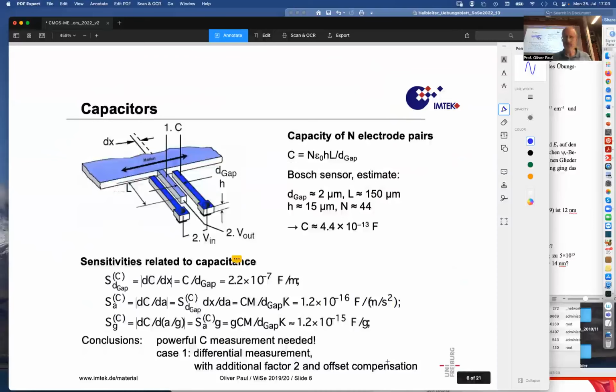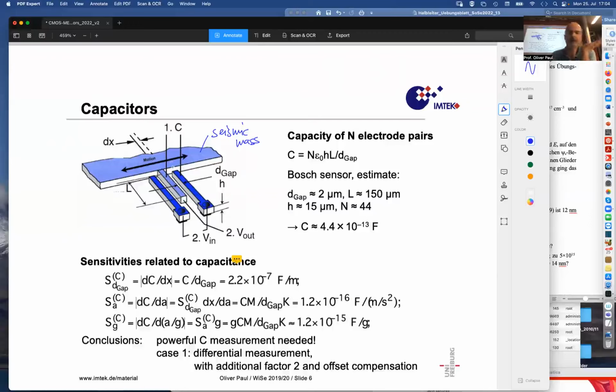Now the other element is these capacitors. We need to understand these capacitors. So we have this seismic mass on one side, and then we have these electrodes attached to the seismic mass, and then these two pairs of counter electrodes on each side of these mobile electrodes.